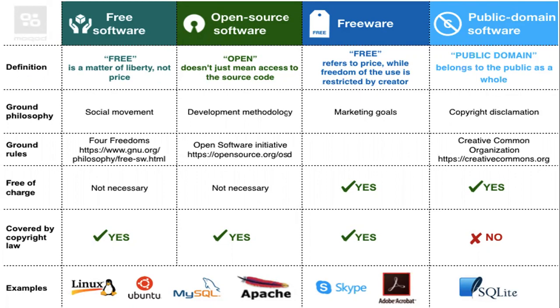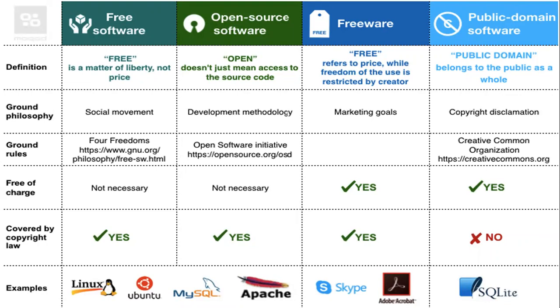Before we go there, let's sum up what we learned about open source software, freeware, public domain software, and free software. I want you all to take a minute to understand this chart with examples and make notes of it in your notebooks.